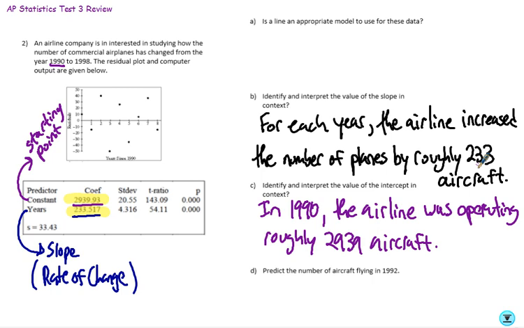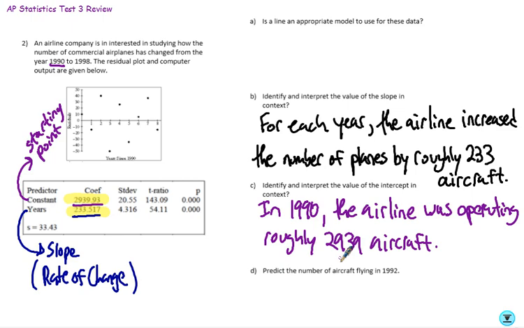Now, Part D, and again we'll come back to A. Part D says predict the number of aircraft flying in 1992. So if they started off with roughly 2,900 in 1990, and we're adding over 200 a year, how much would be in 1992, 2 years later? You could probably think if I add 200 to 2,900, I'm at 3,100, another 200, 3,300.